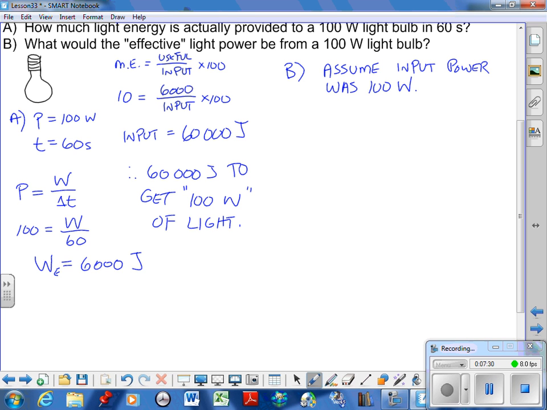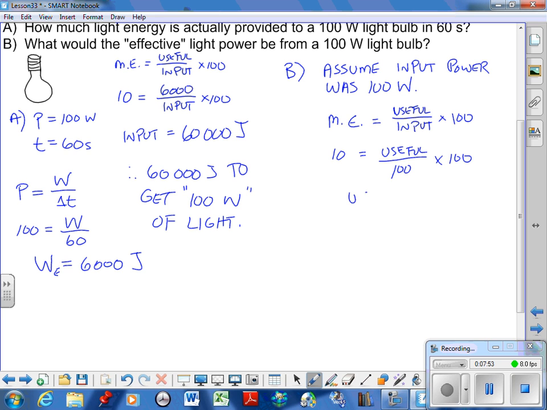Well, we know it's 10% mechanical efficiency. So if I go back to this formula for a second, useful over input, and I can switch it to in terms of power here as well. I know it's 10% mechanical efficiency, useful over 100 watts times 100.